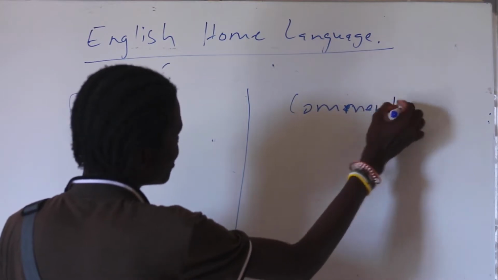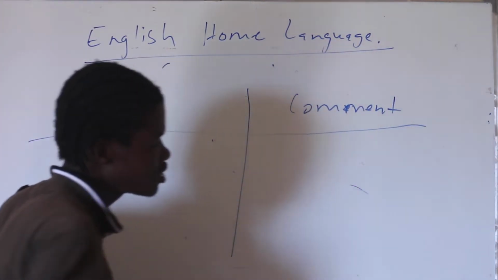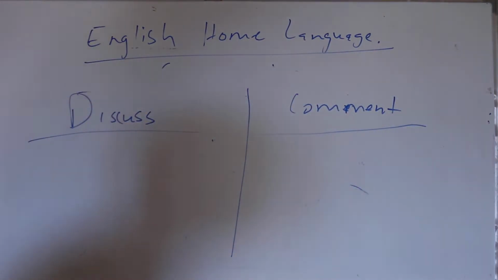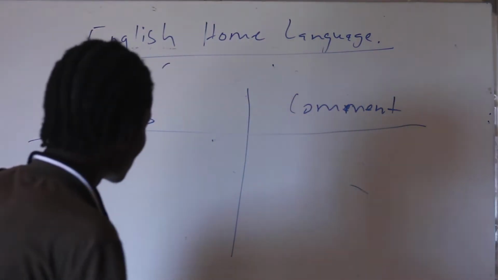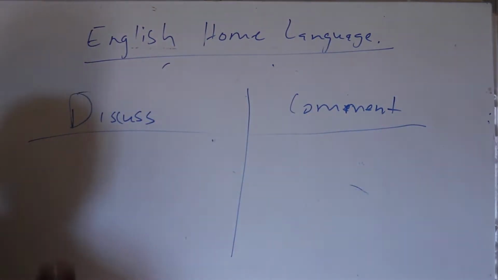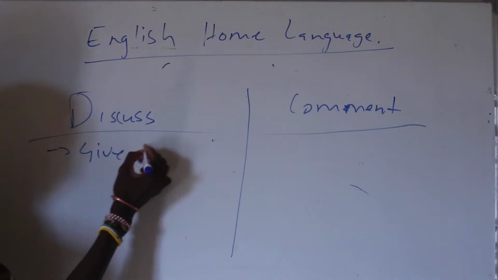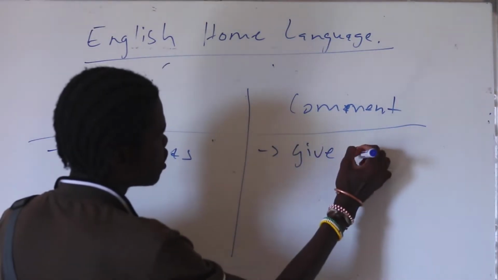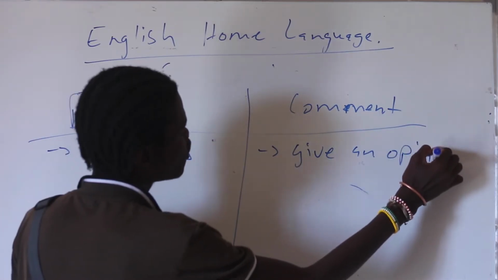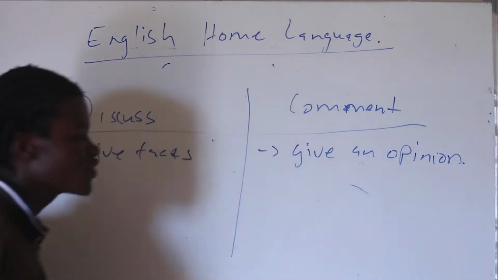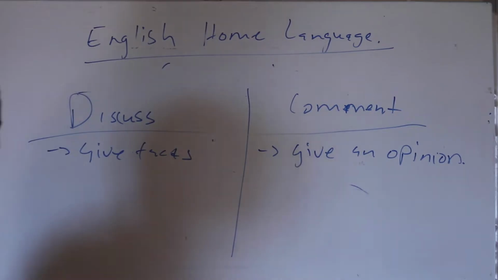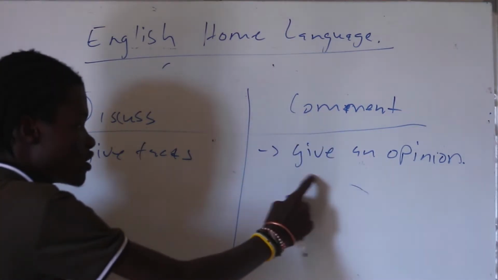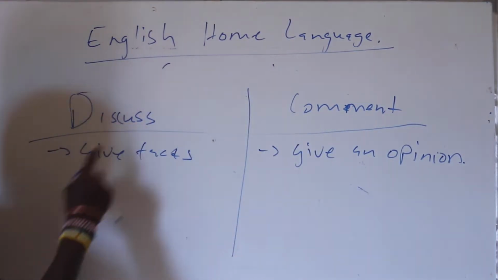When people see these words, they just skip the questions, they start having headaches. Guys, to discuss just means give facts. To comment means give an opinion. I saw some of you commenting on the YouTube channel. So if you can comment on my YouTube channel, then you can comment on your paper. Comment, give an opinion. Discuss, give facts.